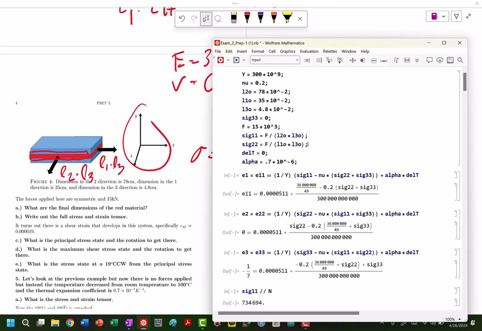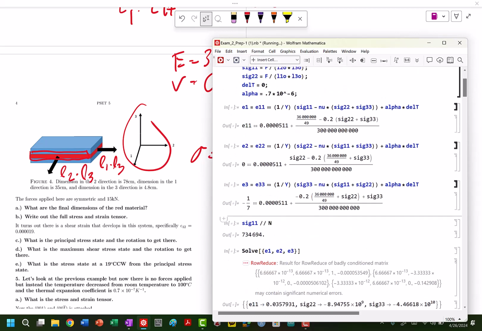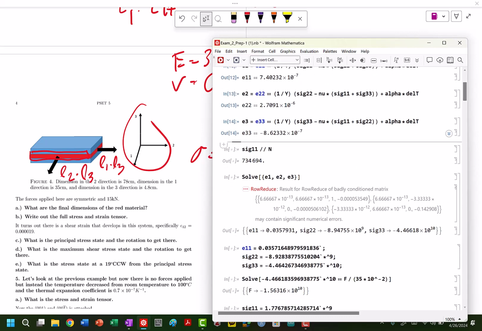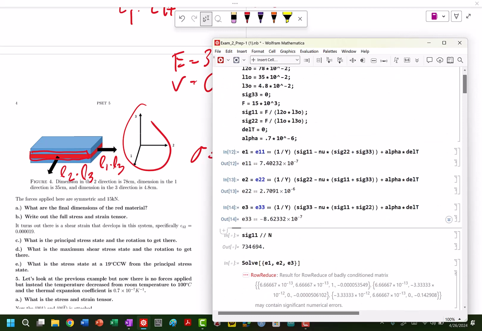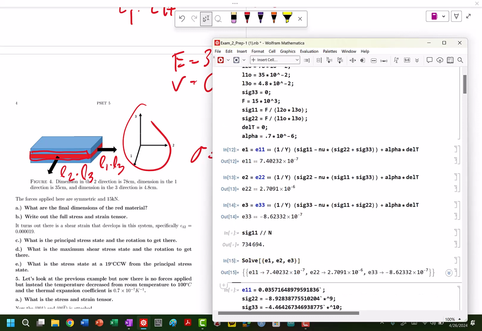And so now we can shift enter all of those things. We can also look at our values here and make sure again that we don't have anything that we didn't want to deal with. Okay, and actually we already have those values, but we can solve for it just the same. And those will be our strains.